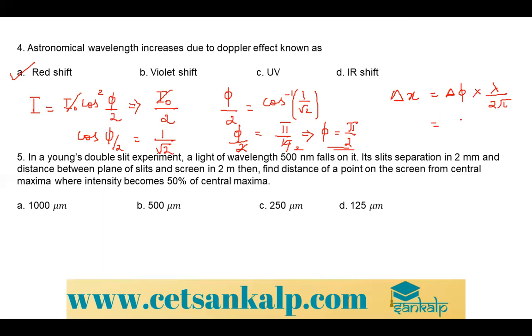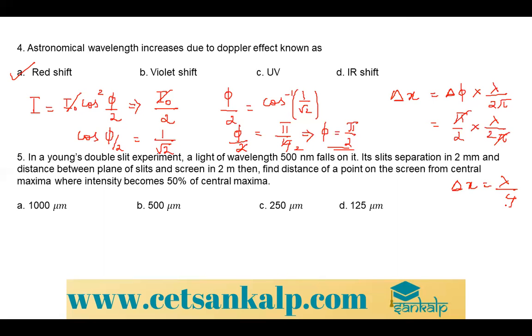So phi is nothing but pi by 2 into lambda by 2 pi. So pi and pi get cancelled. So delta x is equal to lambda by 4.